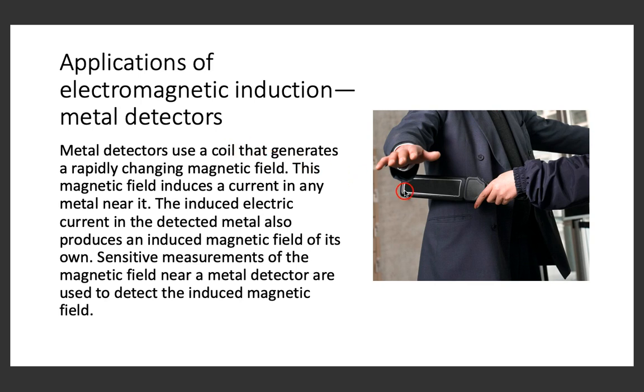So basically the metal detector has a rapidly changing magnetic field. It induces a current in a piece of metal, and then that metal generates its own magnetic field that the metal detector picks up. So that's how a metal detector works. It also uses this principle of electromagnetic induction, as it turns out. So that's kind of interesting, I think.